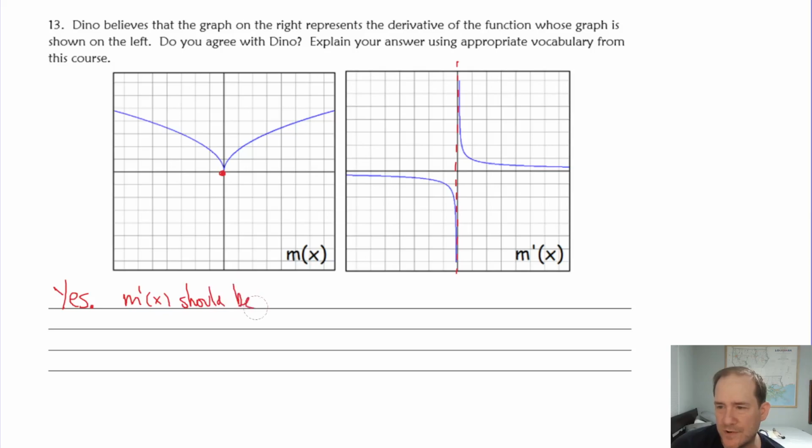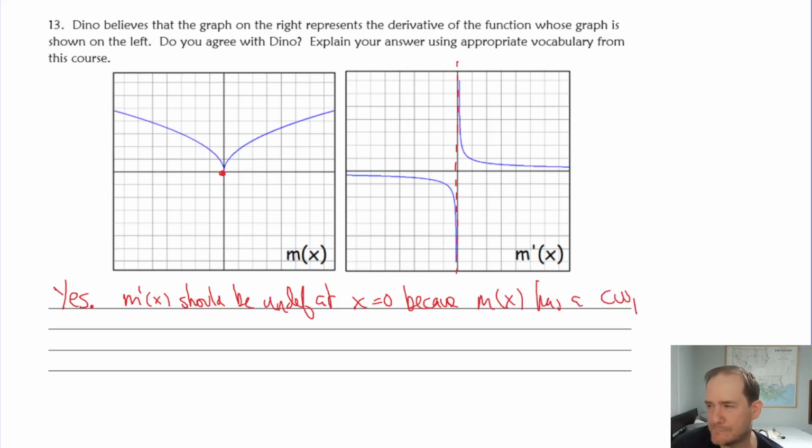So, yes, m prime of x should be undefined at x equals 0 because m of x has a cusp. Okay, and what else? Well, we see that our derivative is negative on this entire interval from -infinity to 0.